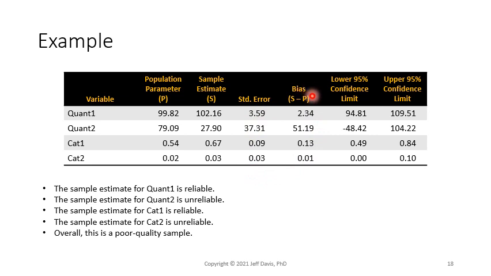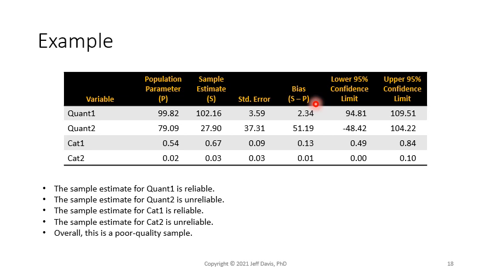Then we're looking at bias. What we're doing here is taking the sample estimate and subtracting the population parameter, such that if we get a negative value, we know that the sample estimate is lower than the population parameter.